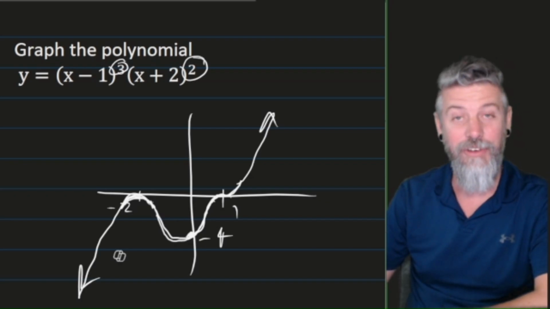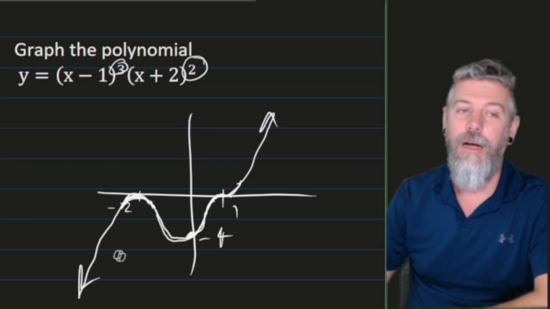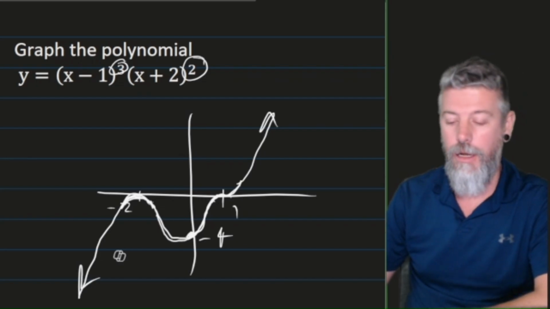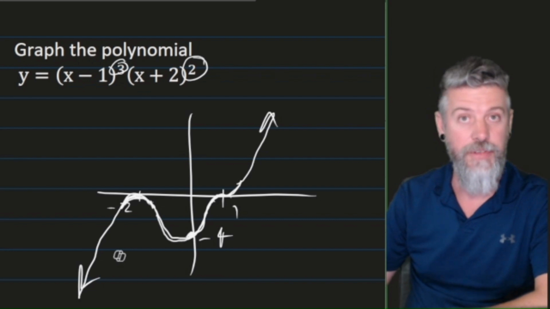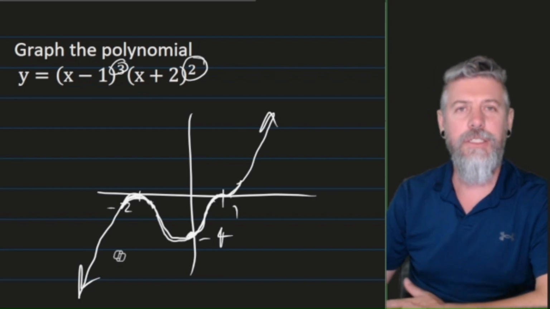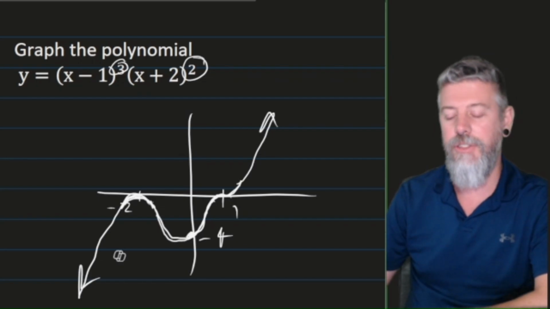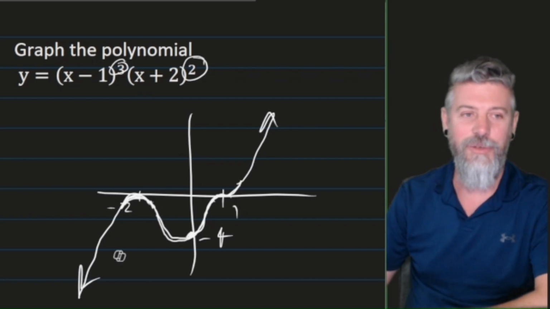This is definitely enough for a HSC marker to be happy with what is being graphed here in terms of the information that's given and the shape that's given. This is the sort of thing they want to look for. In the HSC, you'll be expected to graph about the size of a third of an A4 page, a little bit more space than what I've got here when I graph.